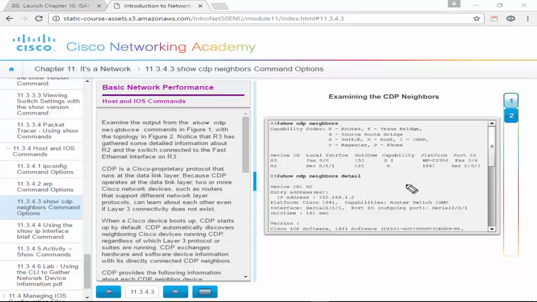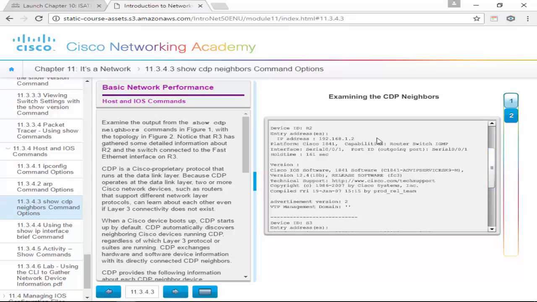And then if we do show CDP neighbor detail, it shows us even more, such as the IP address and all that other stuff, but in more detail.